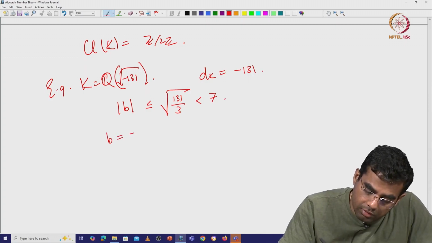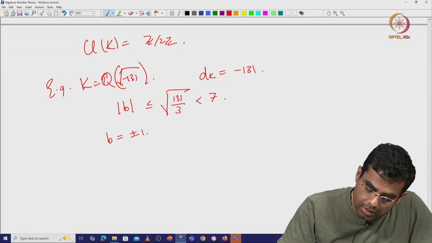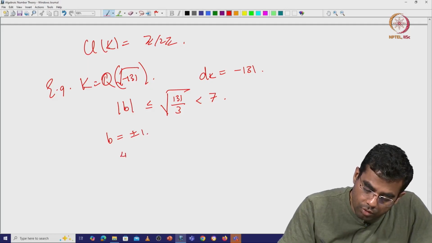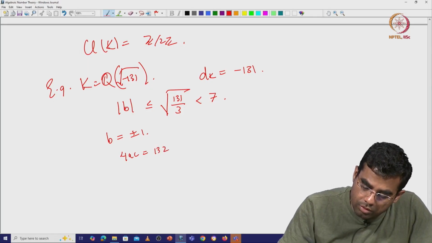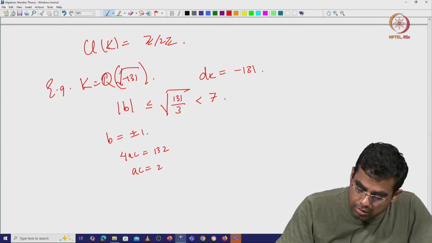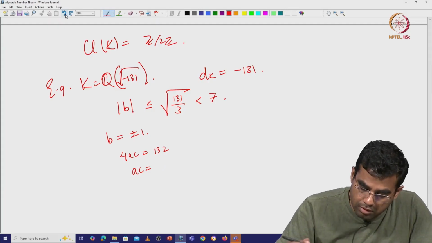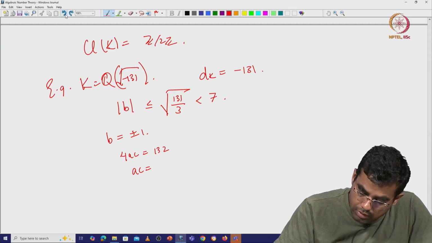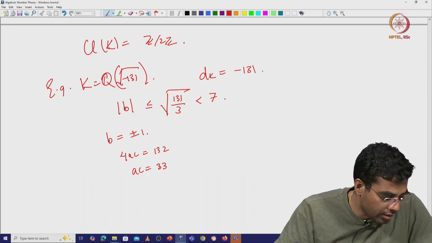So b is equal to plus or minus 1, then 4ac is equal to 132, which means that ac is equal to 33, right, okay.